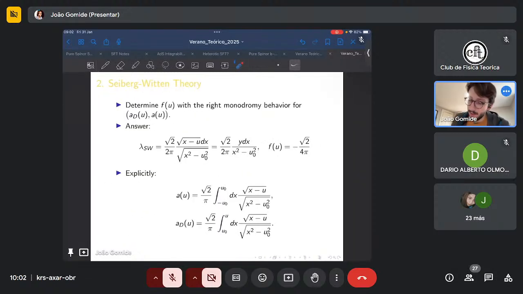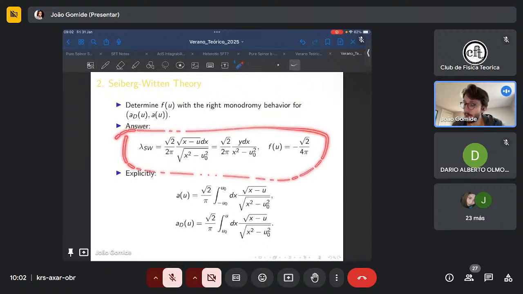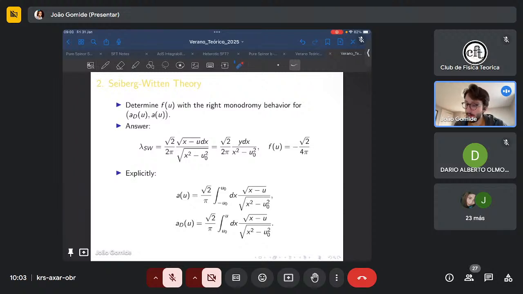So it turns out that the form we must integrate is given by this ugly expression here. This is the expression we have to integrate. And integrating this along one of the cycles of the torus gives you AU, and another cycle gives you the dual. So basically, this gives the solution. This is the thing that characterizes A and AD throughout the moduli space of the vacuum.